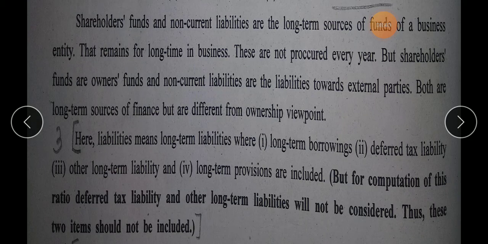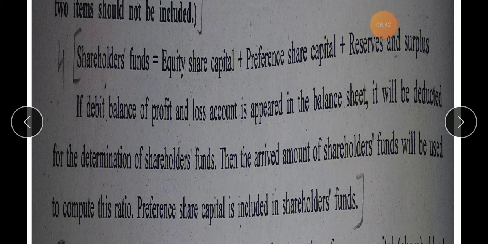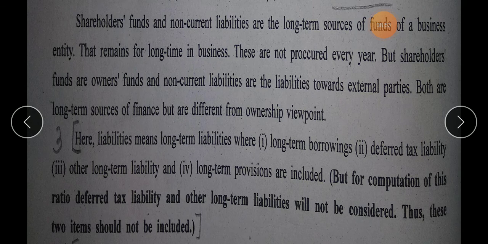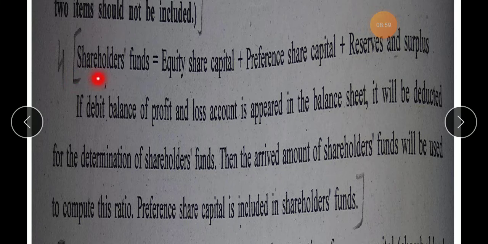The next thing, yes, talking about shareholders' funds. We are done with the first part of the formula, long-term liabilities. What is included in long-term liabilities we have understood well. The long-term borrowings and long-term provisions. Talking about shareholders' funds, again an important point.